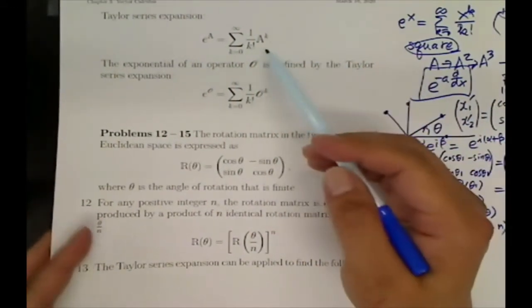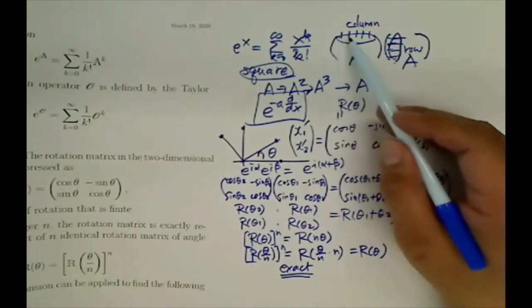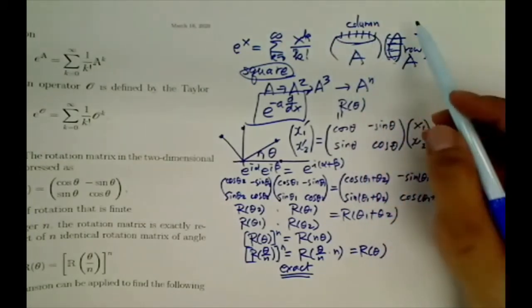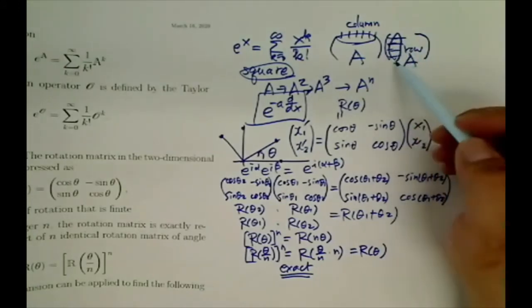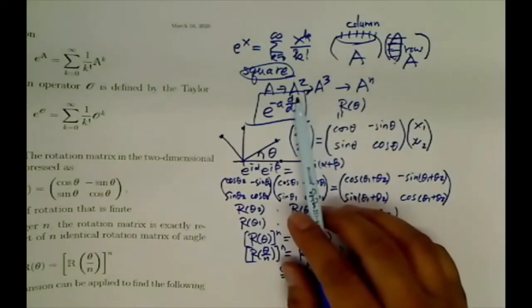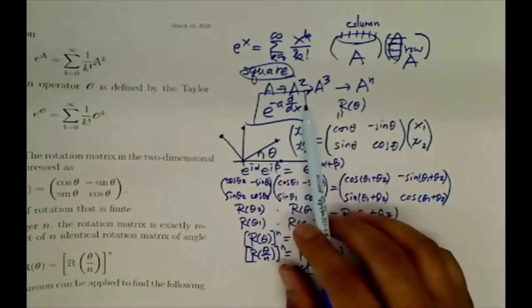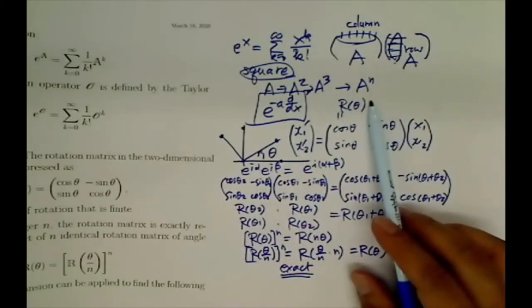It is because when I multiply a matrix A, the number of columns of the former one and the number of rows of the latter one must match for their product to be defined. So in the case of a square matrix, the number of columns is always the same as the number of rows. So I can always define the square of a square matrix and the cube of a square matrix. And in a similar manner, I can define A to the nth power.